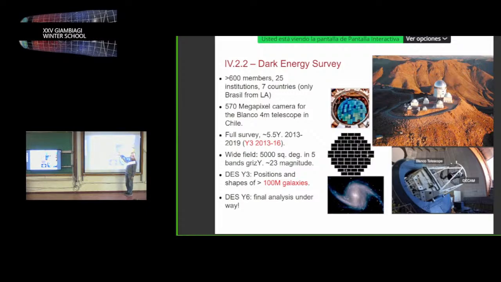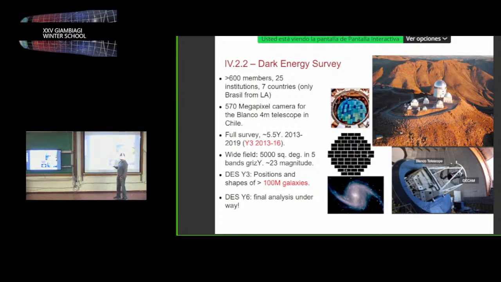So we have 6 filters, and it's a 4-meter telescope, and the full survey took 5.5 years from 2013. It finished in the beginning of 2019, and we analyzed data already for the first 3 years. And we are now in the process of finishing the analysis of the whole amount of data.